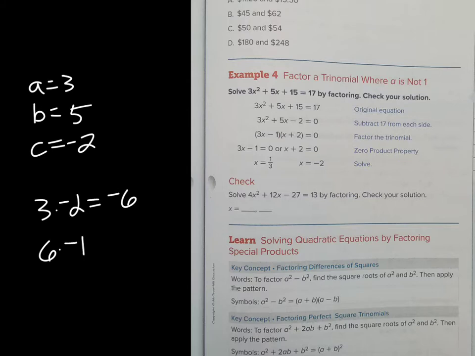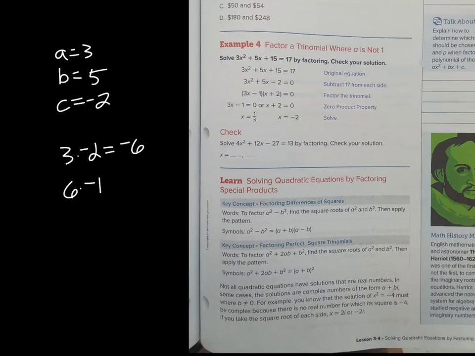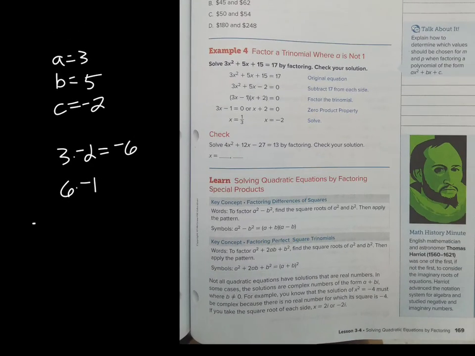So then we were going to rewrite this. Again, they skipped a little bit. We're not used to doing it this way, but that's okay. So then 3x squared plus 6x minus 1x minus 2. We take a 3x out here, we're left with x plus 2.